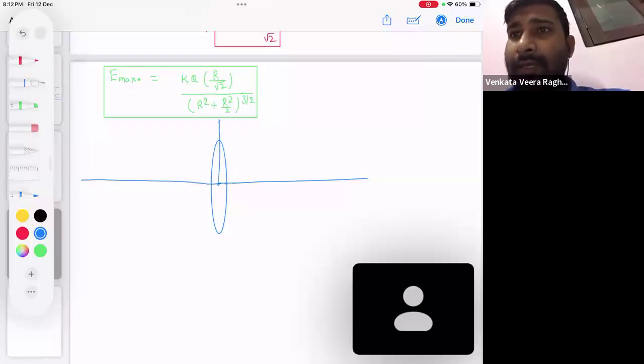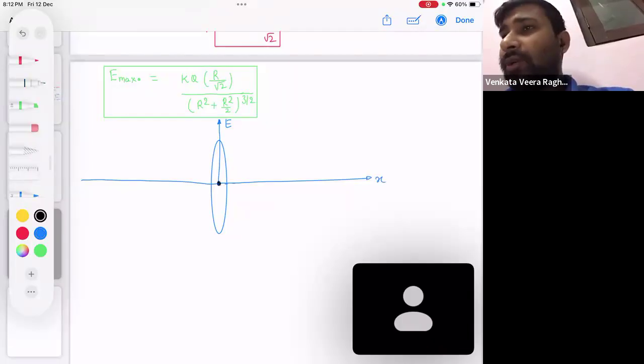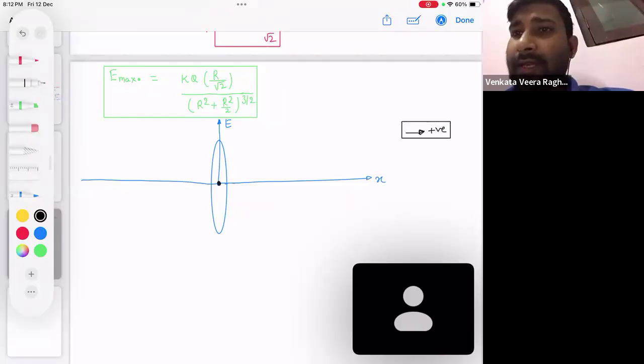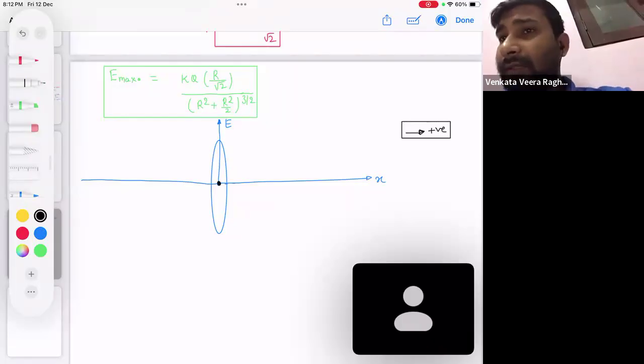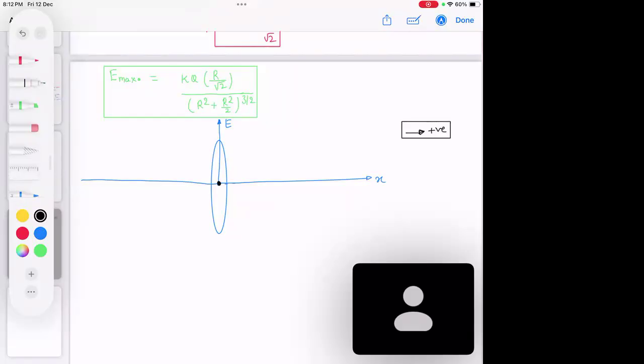On this y-axis we are going to represent the field, and on the x-axis we want to see the variation. Please tell me how the field will look. Towards right we are considering as positive. So please tell me how the variation will look. At x equal to 0, which means the center, it will rise and then it will decay.